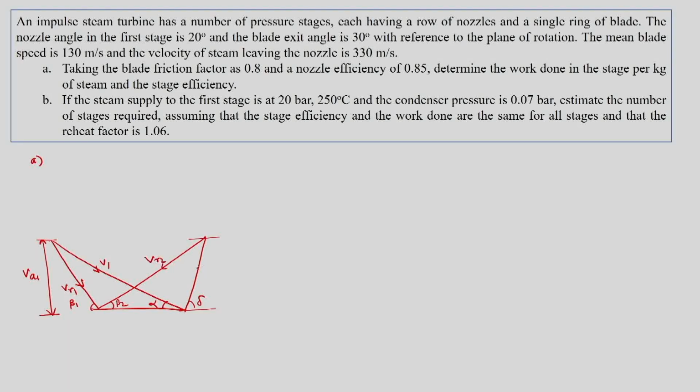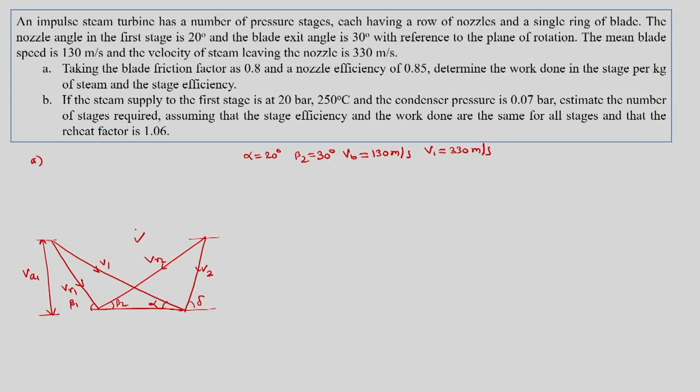This is VR2, V2. Now we are given that alpha is equal to 20 degree. We are also told that beta 2 is equal to 30 degree. VB is equal to 130 meters per second and V1 is equal to 330 meter per second. So these are the things with us.